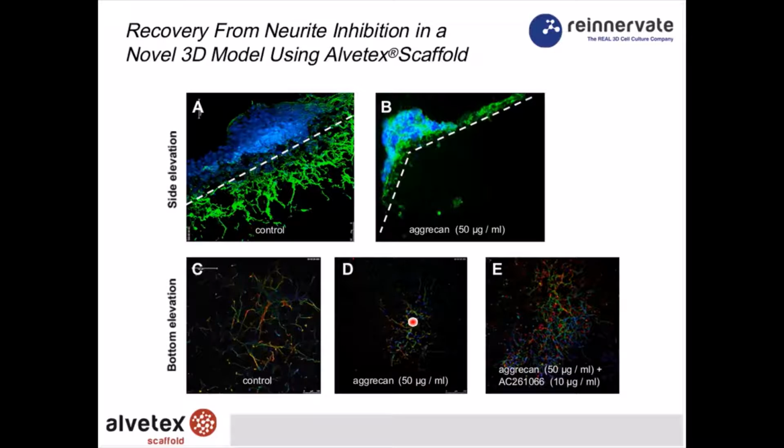But if we add a small molecule such as this retinoid agonist, so this is an RAR beta agonist, so this is a retinoid, this molecule can overcome that inhibition effect resulting from aggrecan coating.